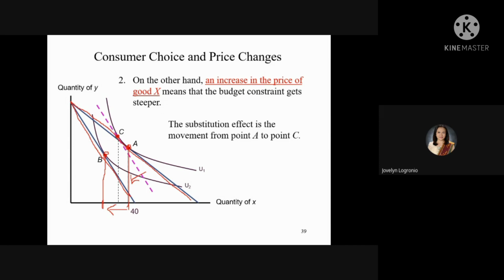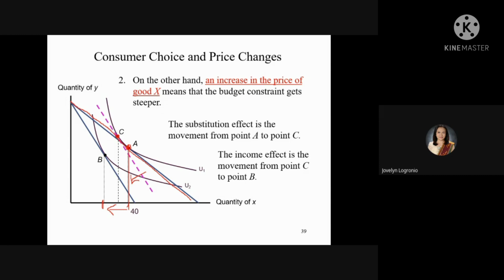So again, the movement from point C to point B is called the income effect.